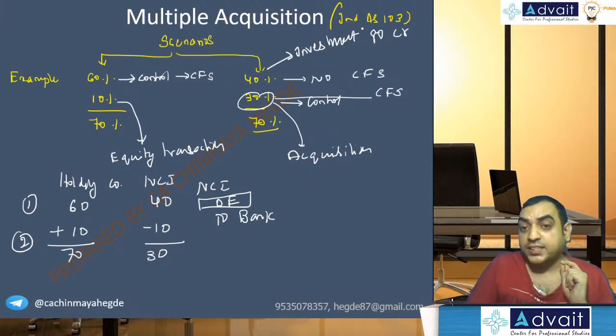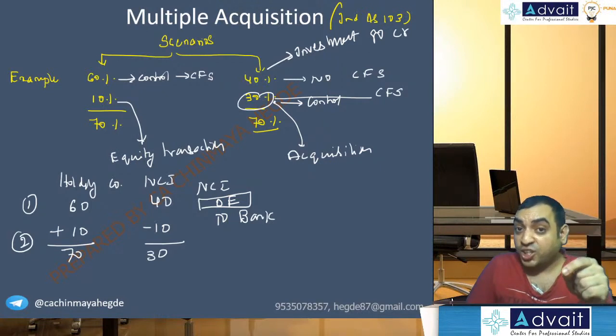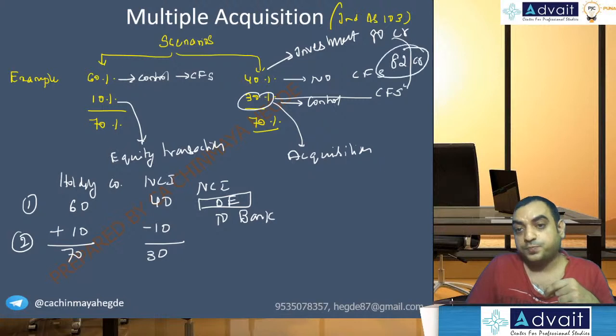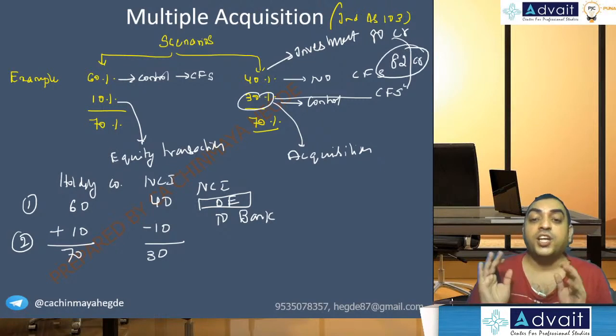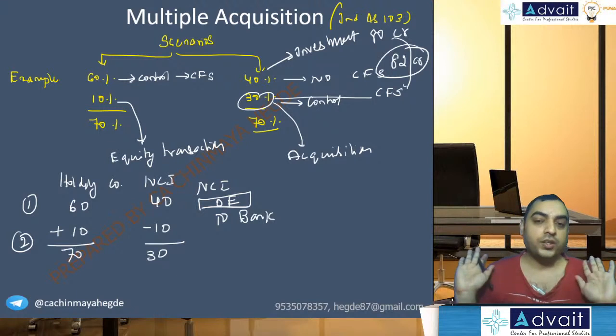Meaning if 40% was at 80 crore when you paid, now on the date of control, with 30% acquired, this fair value of 80 became 82 crores. So the 2 crores fair value measurement should be transferred to P&L account.